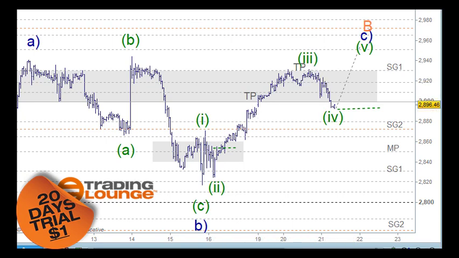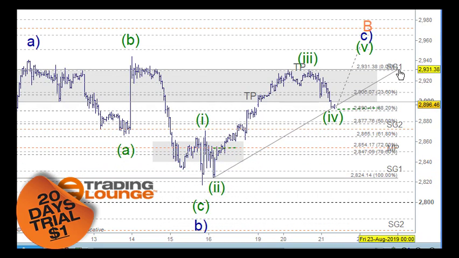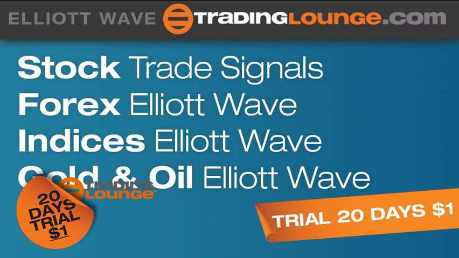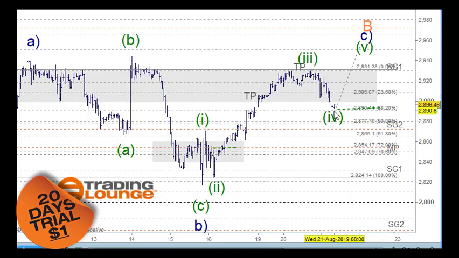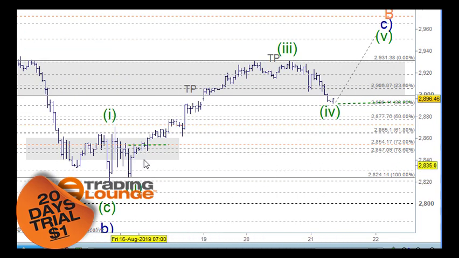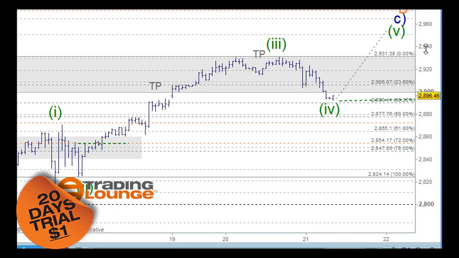Wave 4, while we're here, if we go from the low of wave 2 roughly to the top here, the 38.2% retracement level is just down here a little bit, and we've also got a little tiny gap in here as well, worth noting. So that's sitting pretty square there.